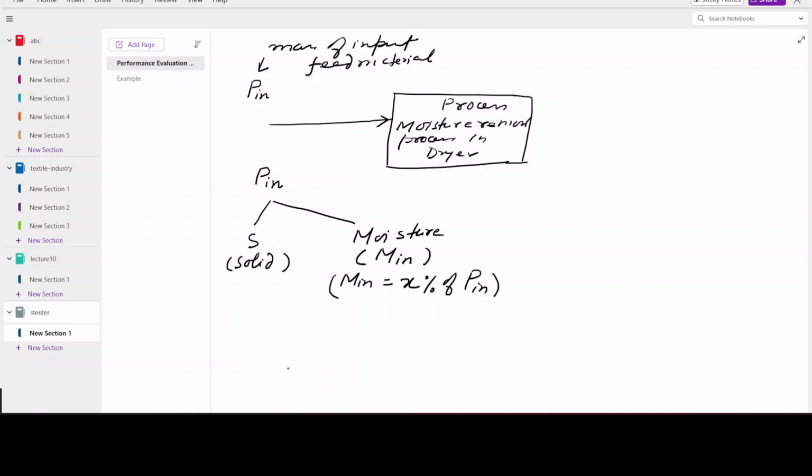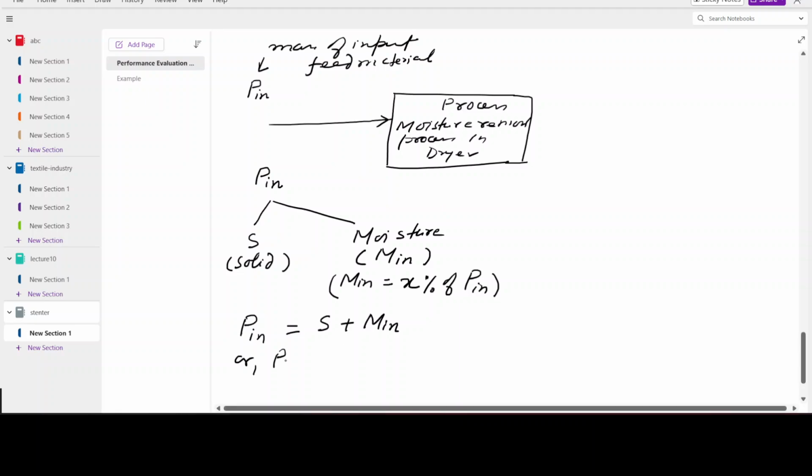So we can write the input mass of the material is equal to S plus the mass of moisture, or P in is equal to S plus the input mass of moisture.